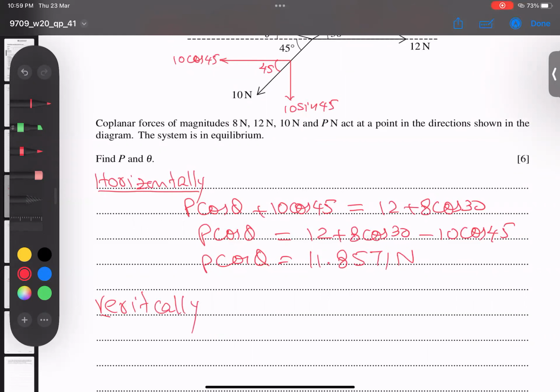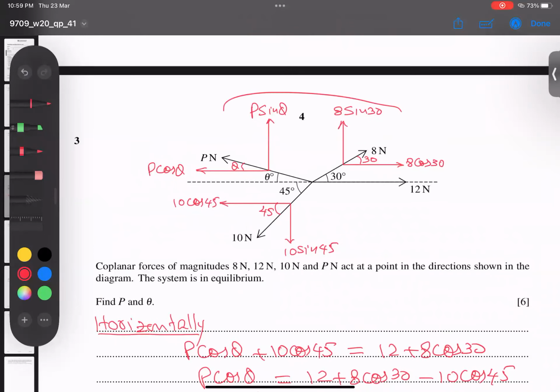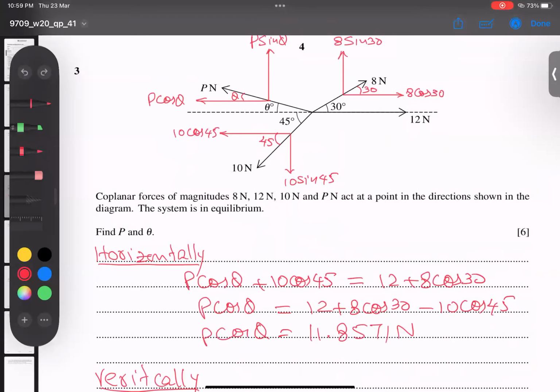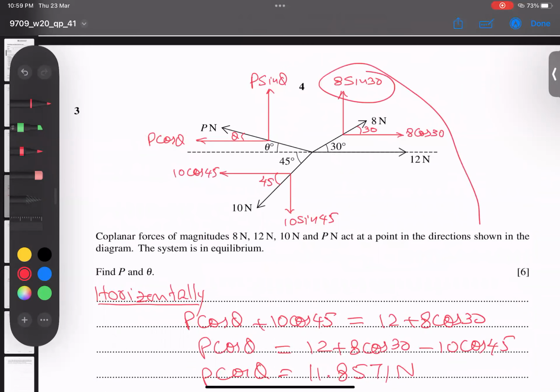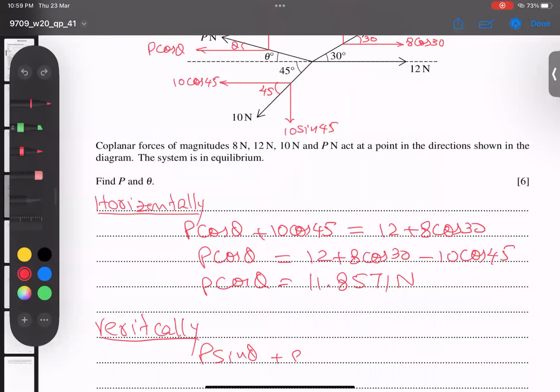Now I talk about vertically. When I talk about vertically, it means two forces act upwards and this force acts downwards. So upward, P sin theta plus 8 sin 30. Both these forces are upwards, this force is acting downwards. So I will write it here.